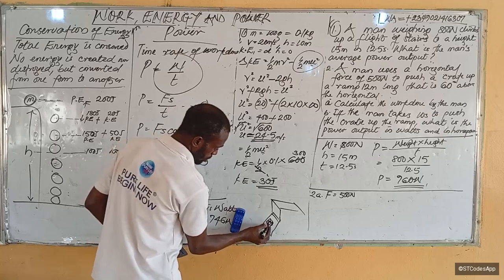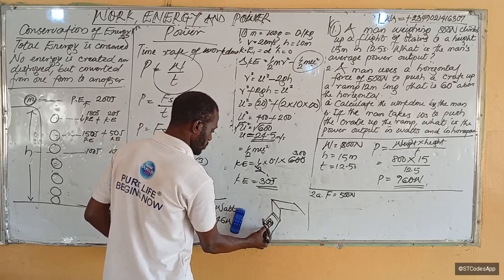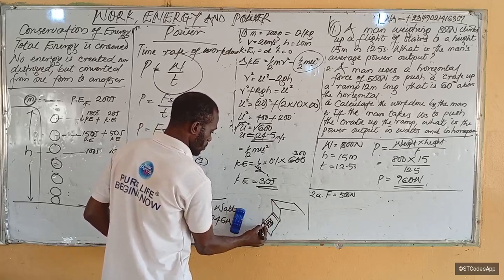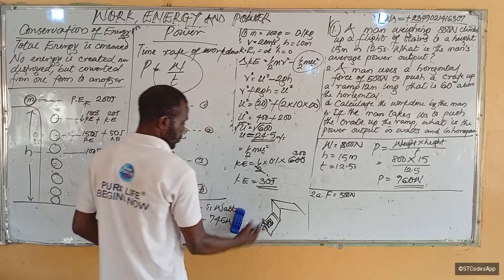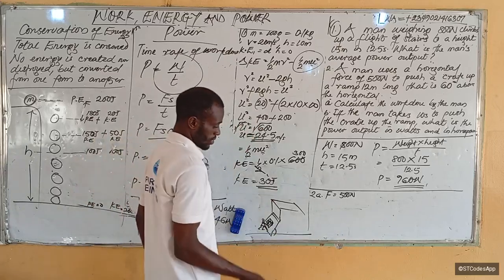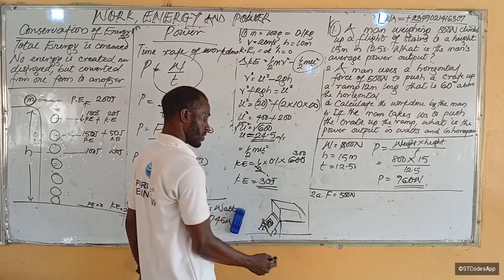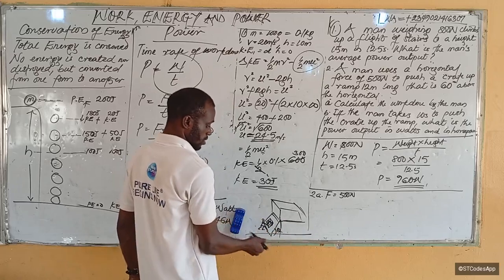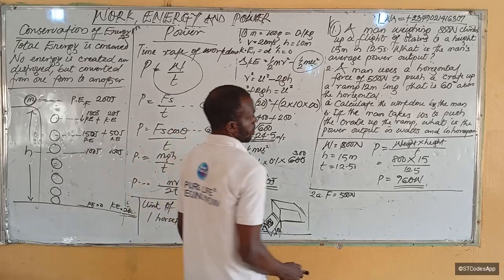So he's pushing this crate up. And this thing is inclined at an angle theta. So maybe he's pushing it into a lorry. So remember that it's this horizontal component that we're concerned about, right? Which is F cos theta.